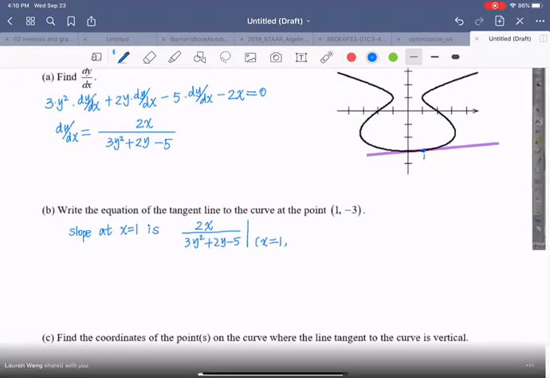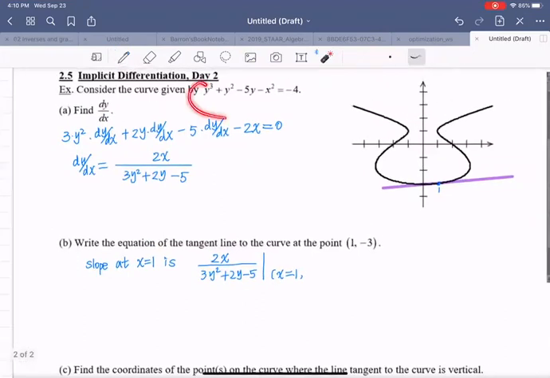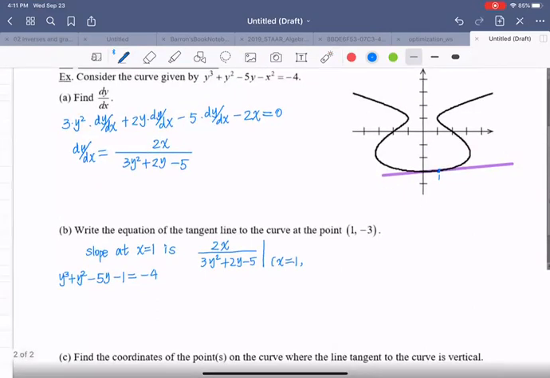Then you don't know your y value, so you plug x equals 1 back into the original equation. So y cubed plus y squared minus 5y minus 1 equals -4, right? Hey, hold on. They already tell you -3.